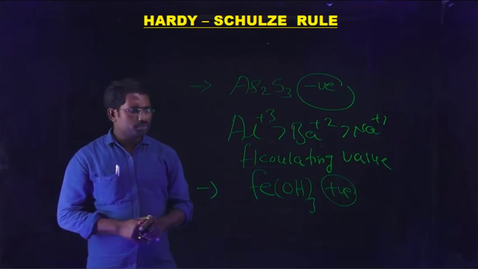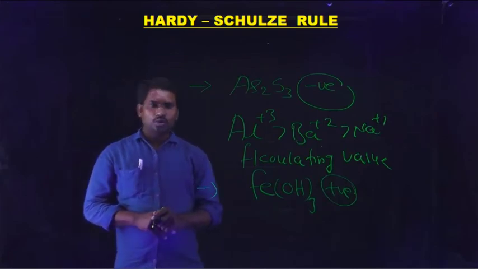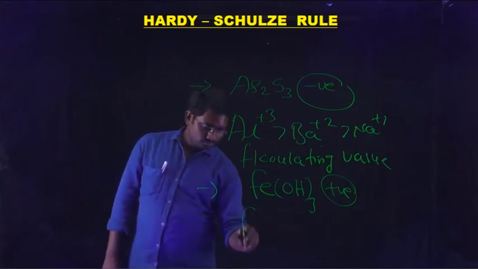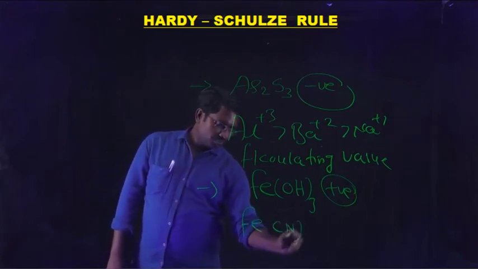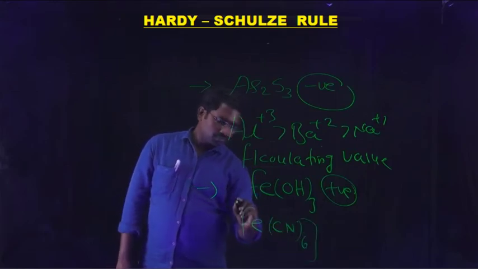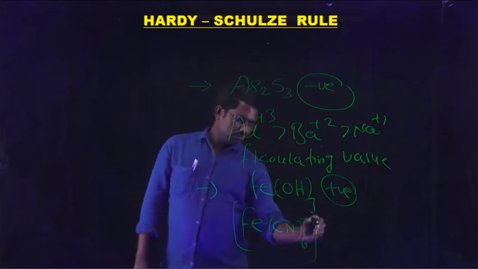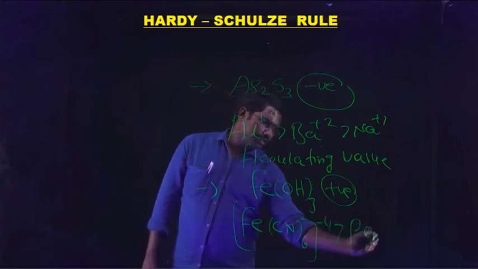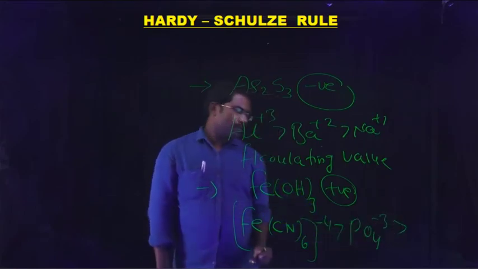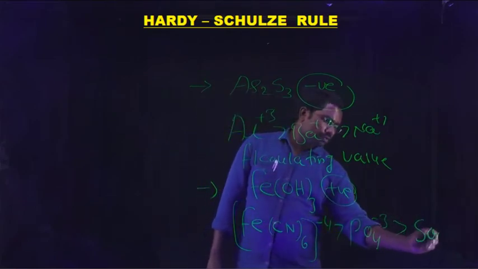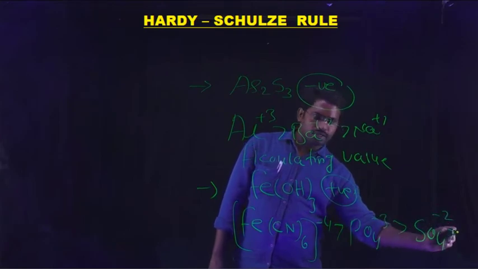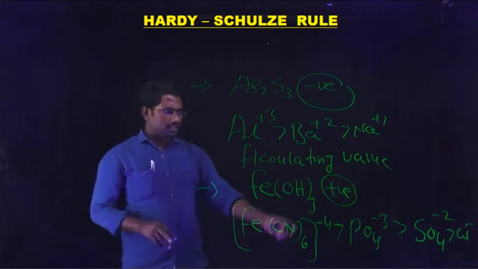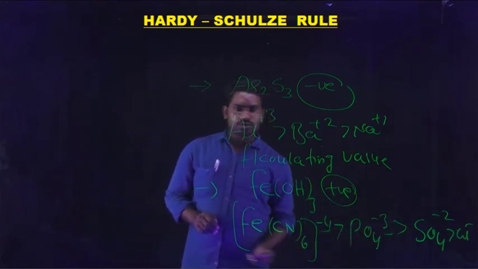For the coagulation of the ferric hydroxide solution, we are adding negatively charged species of electrolyte in the order of [Fe(CN)6] minus 4 greater than phosphate PO4 minus 3, next sulfate SO4 minus 2, and finally Cl minus. These are the negatively charged species. Here the charges are minus 4, minus 3, minus 2, minus 1.